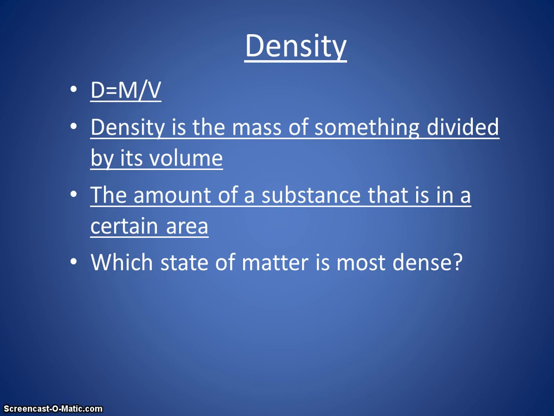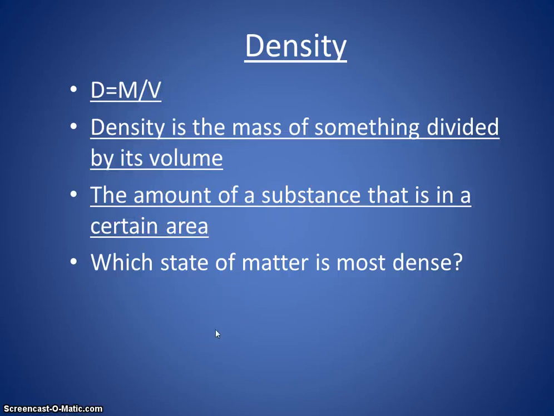There's not as many people in that area. Okay, so that's the amount of mass that is in a certain area or in a certain volume. So density equals the mass divided by the area that it's taking up, the volume. Okay, so it's the amount of substance in a certain area.